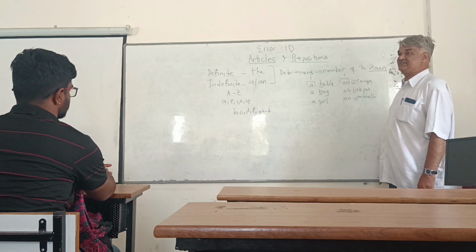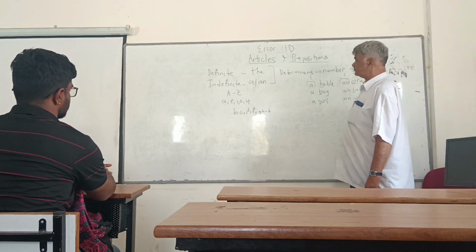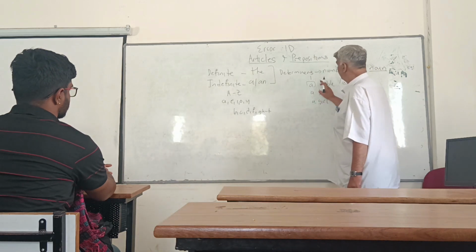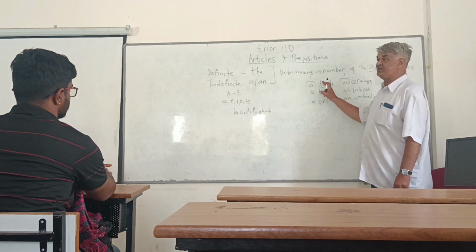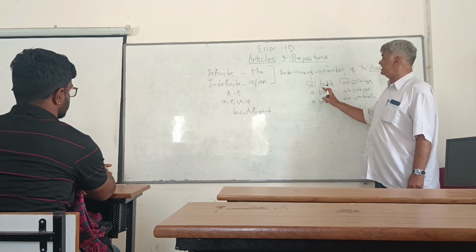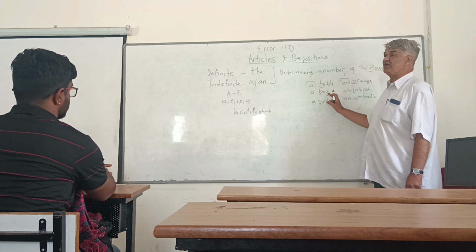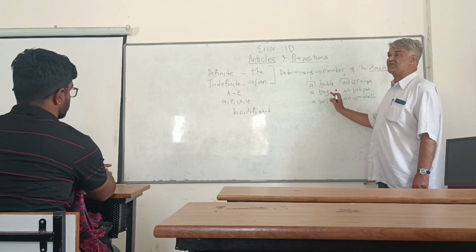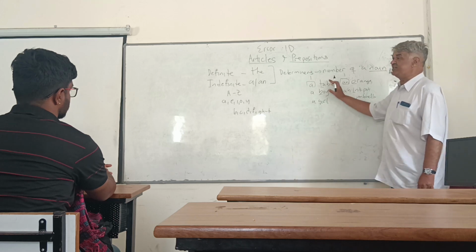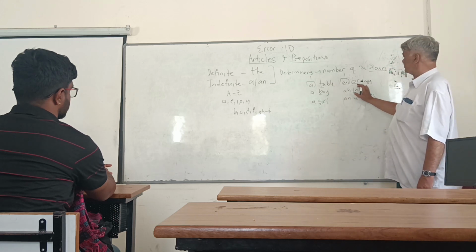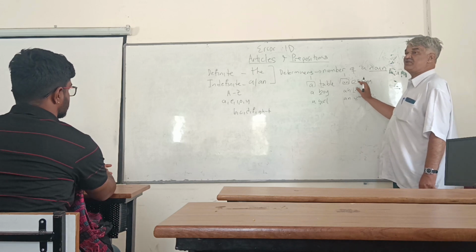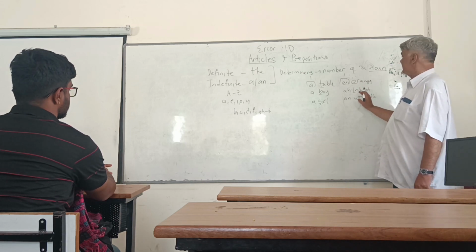Here we're looking at the spelling. Table, T-A-B-L-E, T is a consonant. Boy, B-O-Y, B is a consonant. Here also we're looking at the spelling. Orange, O-R-A-N-G-E.